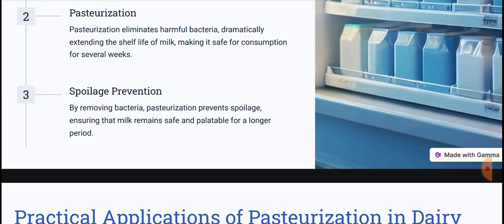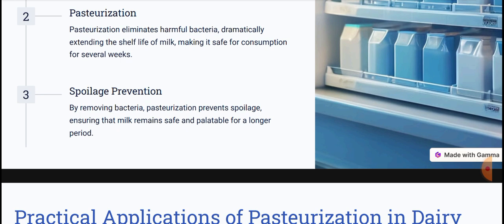And ensuring that milk remains safe and palatable for a longer period. So when you go to a milk outlet and you are purchasing branded milk packets, right? In every packet it is labeled as pasteurized milk.